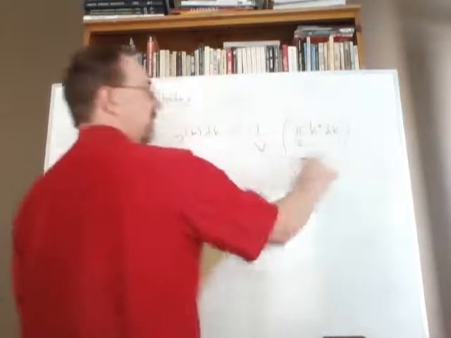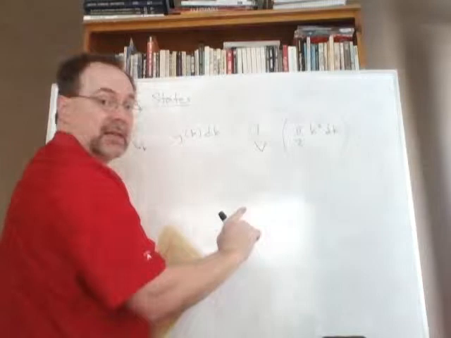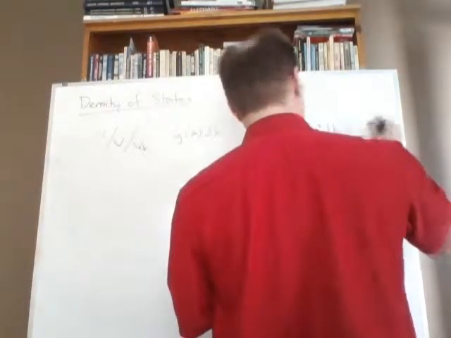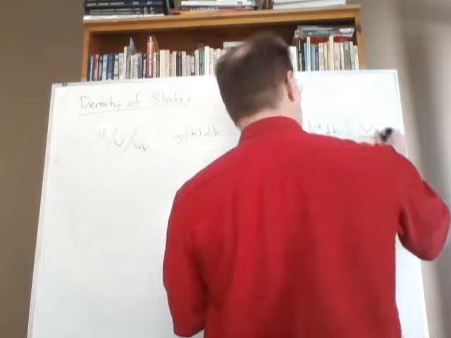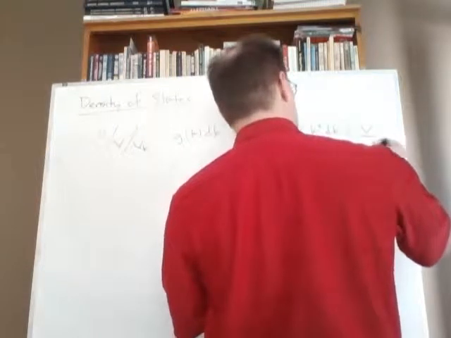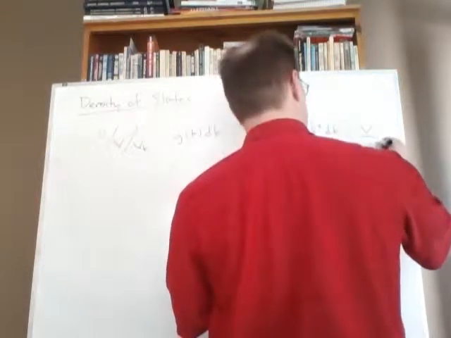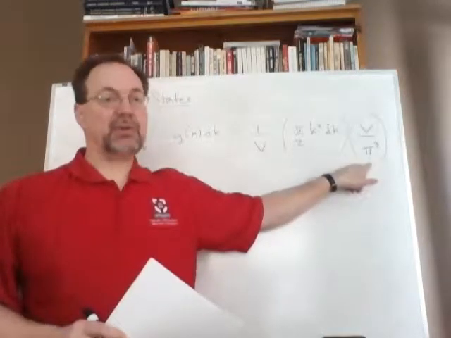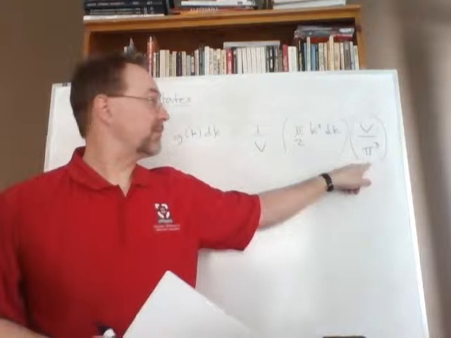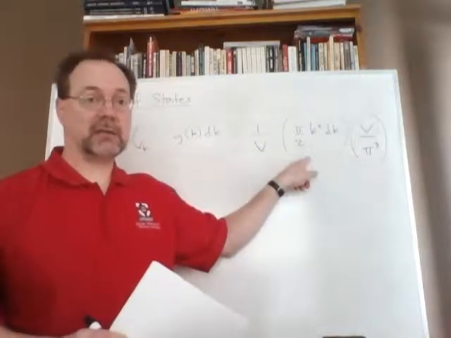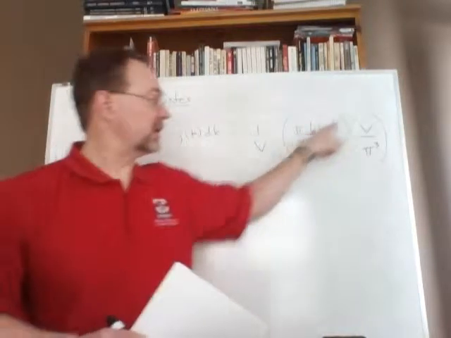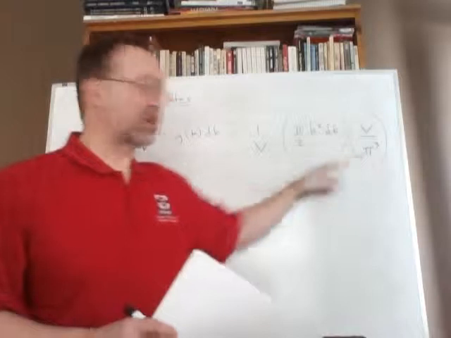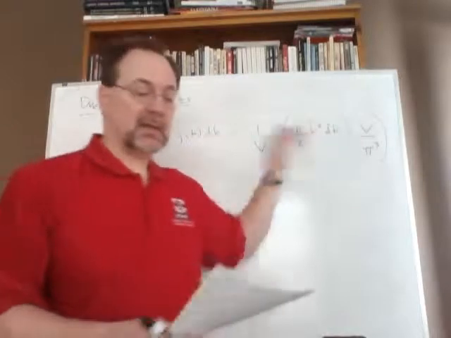And then we have the number of states per unit volume in K space. This is what we found first. This gives our differential volume in K space. So this is going to give us the number of states per differential volume in K space.